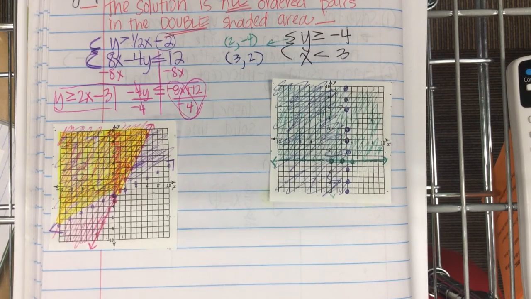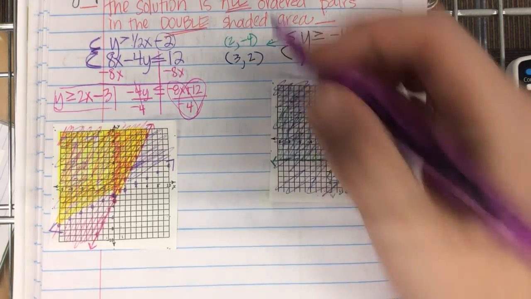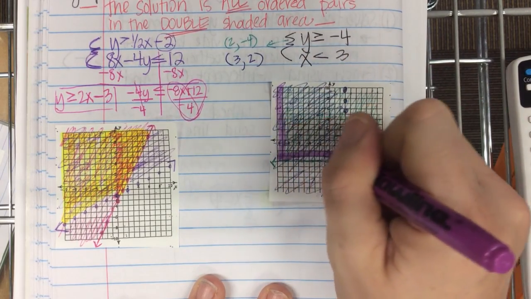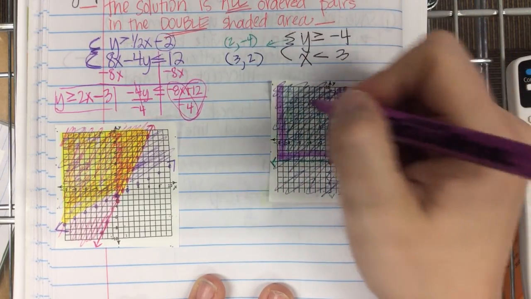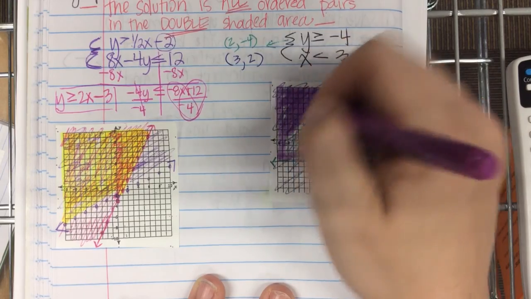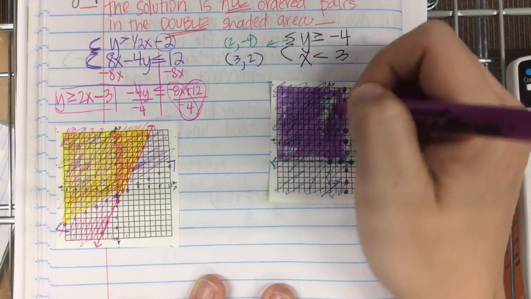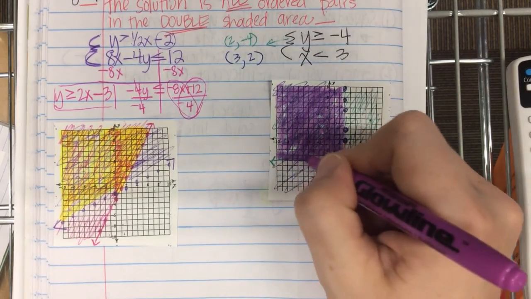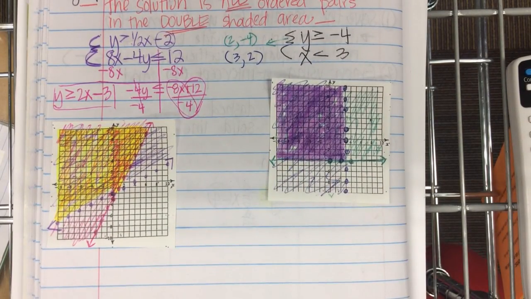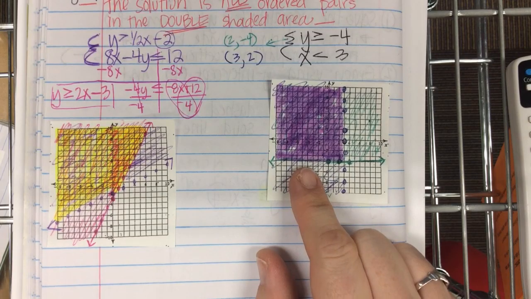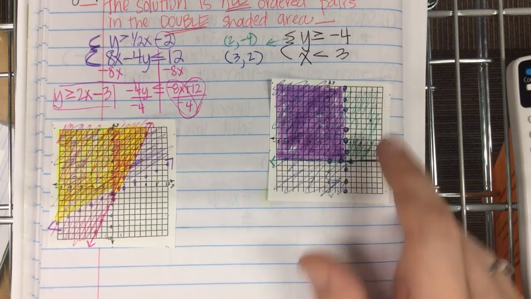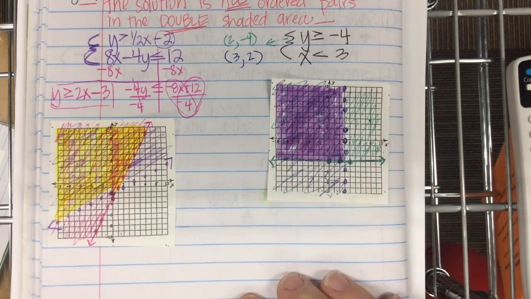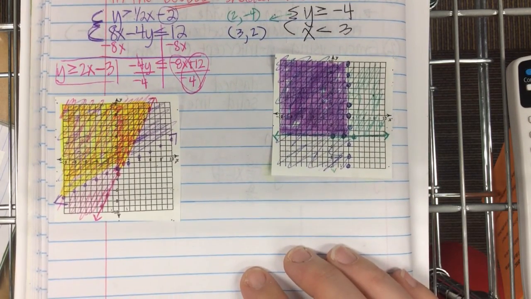So your solution is any ordered pair in this double shaded area. Could it be on the green line? Yes. Could it be on the blue line? No, because it's dotted.